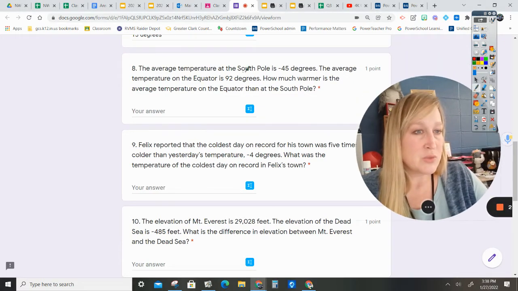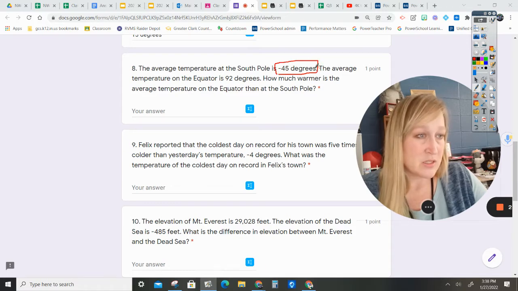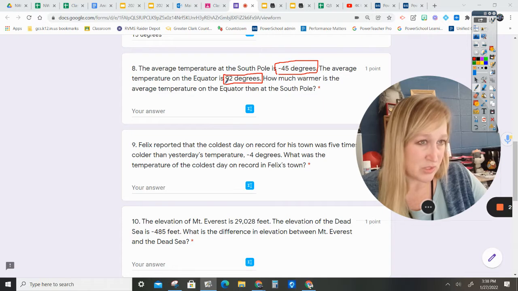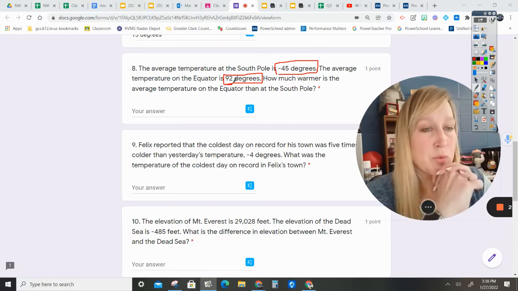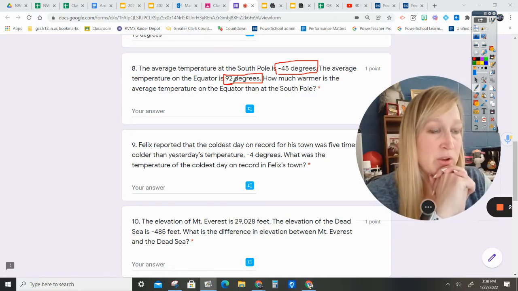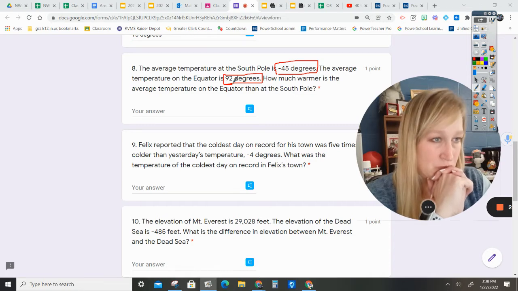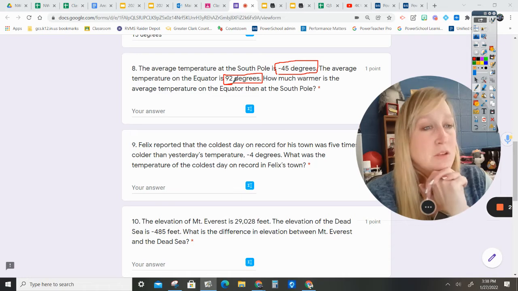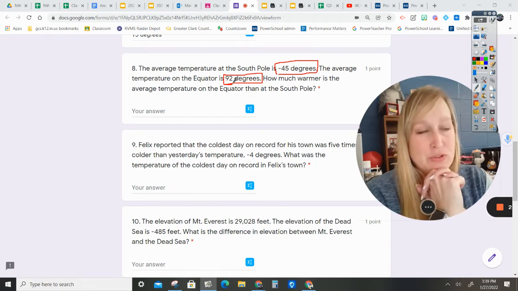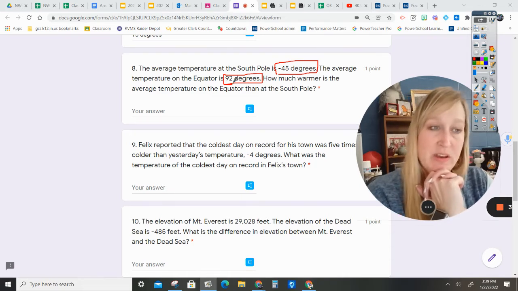So the average temperature at the South Pole is negative 45 degrees. The average temperature on the equator is 92 degrees. How much warmer is the average temperature on the equator than at the South Pole? So reading this, I think most students are going to want to do 92 minus 45.